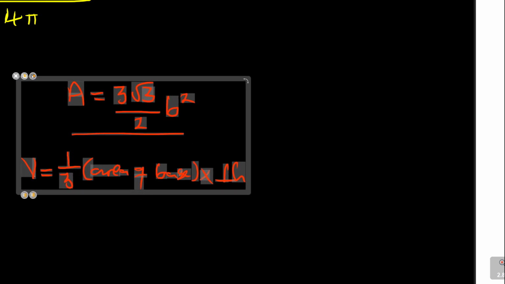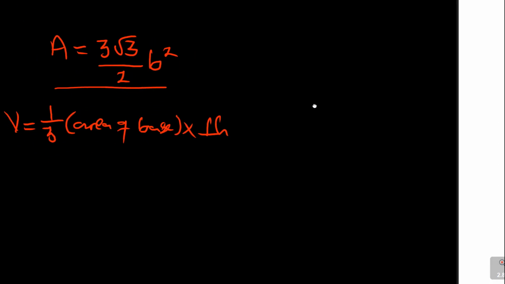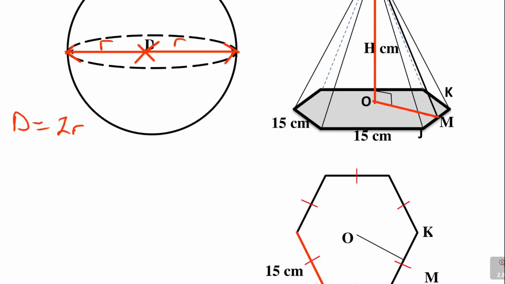Now look at this. We are saying here, I know the area of the base, this base here that is shaded. The area of this base here that is shaded is the one which was 3 square root of 3 over 2b squared. Are you seeing that?